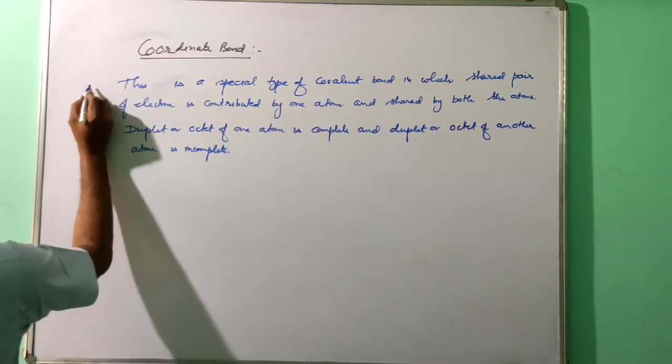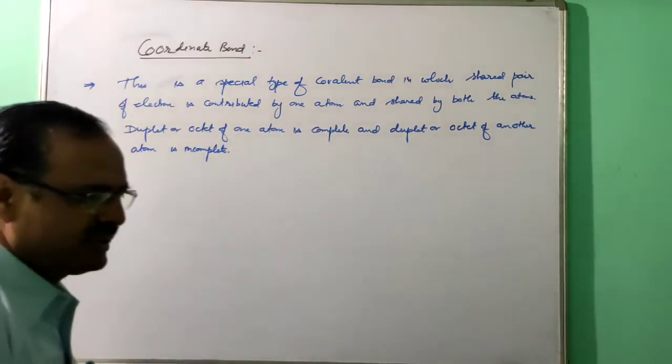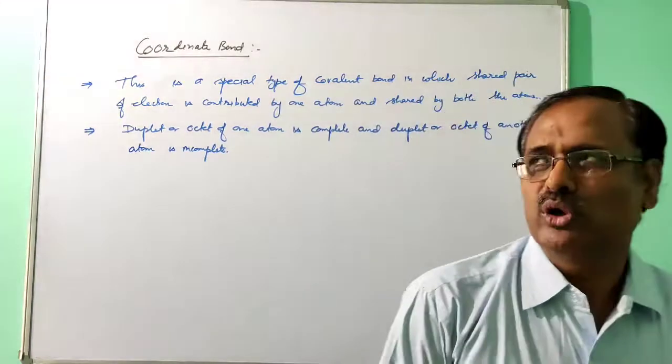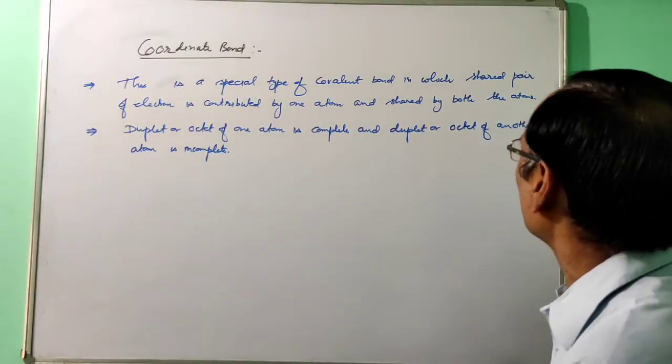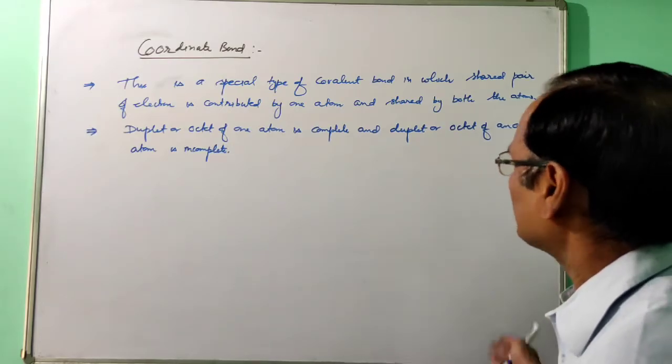Very simple, two points I have written here. First of all, this is a special type of covalent bond in which the shared pair of electrons is contributed by one atom and shared by both the atoms.